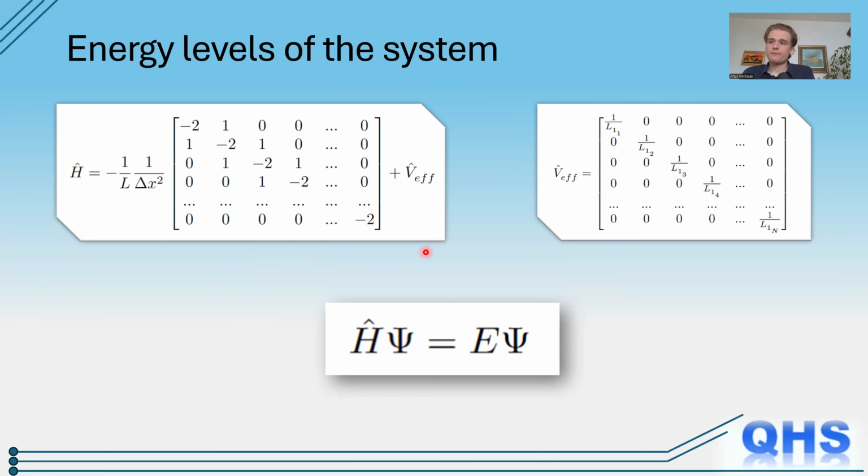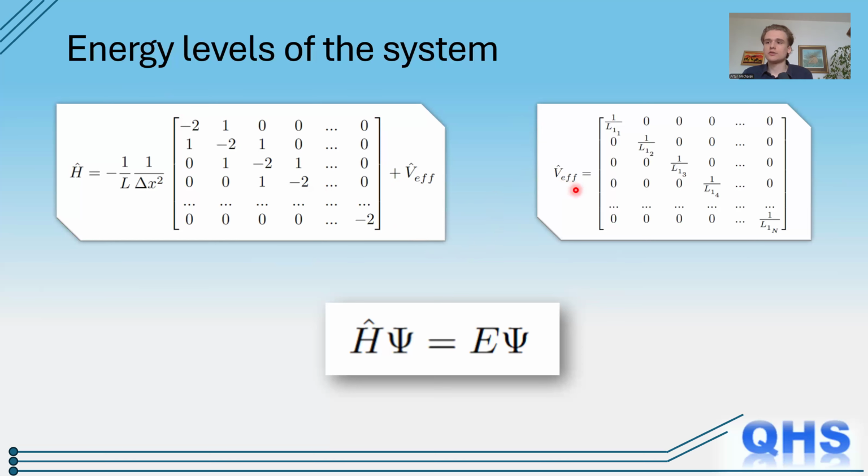The effective potential here at each point is the inverse of the L1 values.